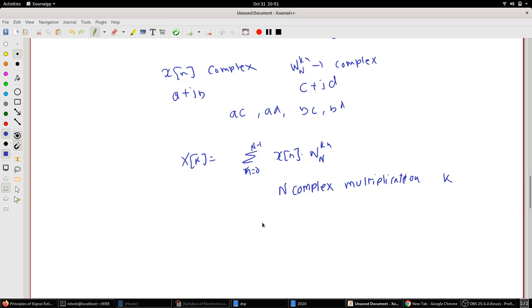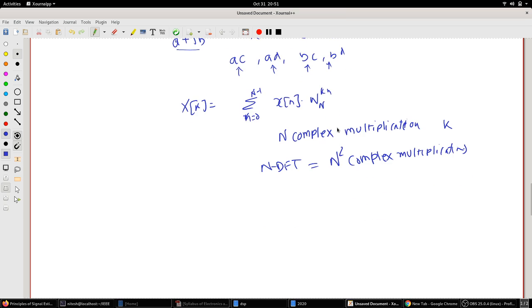So for n point DFT, for calculating n values of DFT, you will need n square complex multiplications. Okay, complex multiplications. You know that every one complex multiplication has got like 4, right? Because a plus jb into c plus jd is one complex multiplication. That turns out to be 4 real multiplications involved in that process.